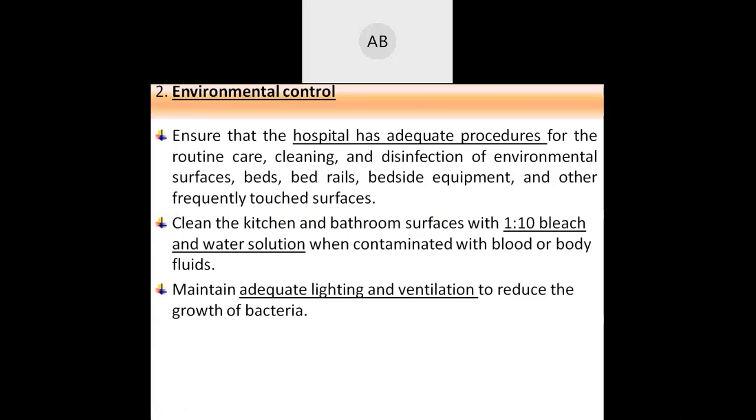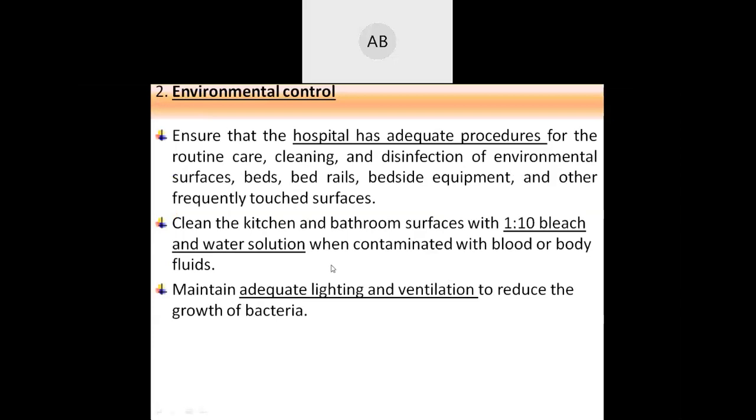Clean the bed rails, the bedside lockers, and the bedside equipment, because the patient or the patient party will continuously touch them, or you may perform procedures, or sometimes blood or body fluids may be splashed on them. So it is very necessary to disinfect this equipment.